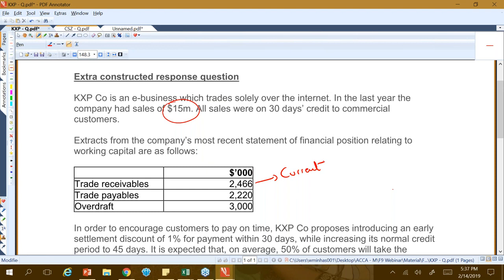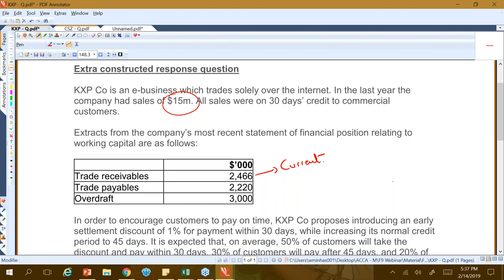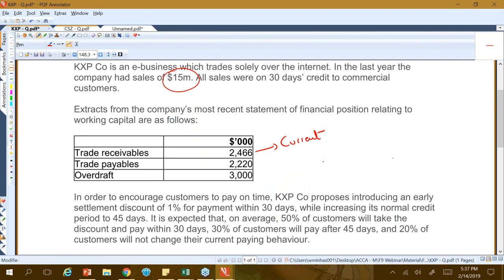In order to encourage the customers to pay on time, KXP proposes introducing an early settlement discount of 1% for payment within 30 days. Remember, this discount is also a cost. It is the cost of having receivables, the 1%, while increasing its normal credit period to 45 days, so from 30 to 45 days. It is expected that on average, 50% of customers will take the discount and pay within 30 days.